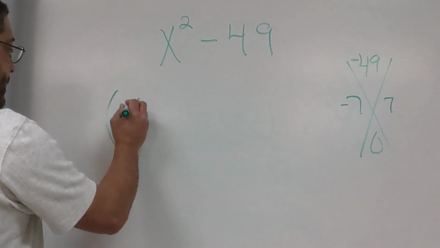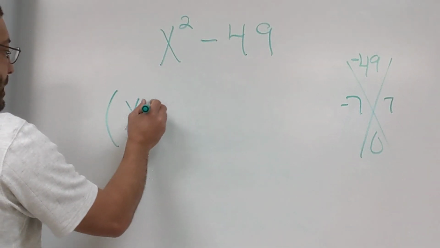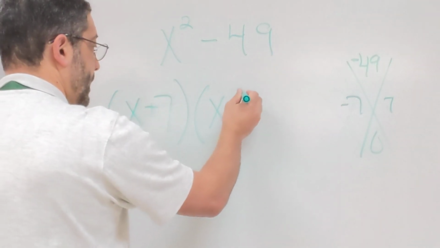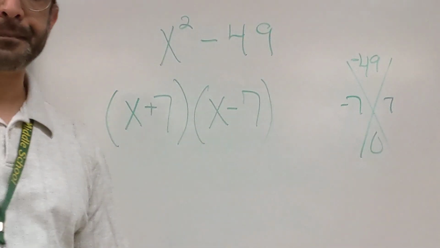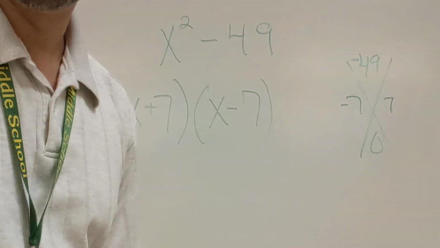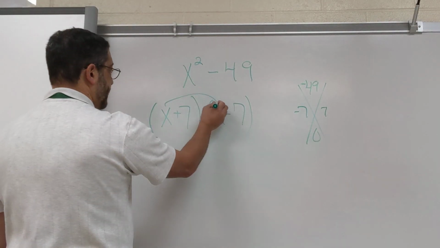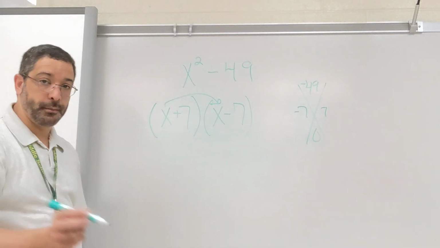So if I was going to write this as factors, I'd have x plus 7 times x minus 7. Okay? Let me just zoom out a little bit here. All right. So distribute and multiply.